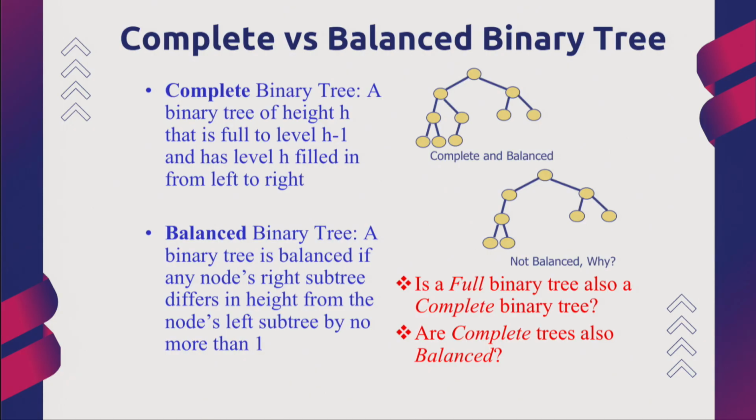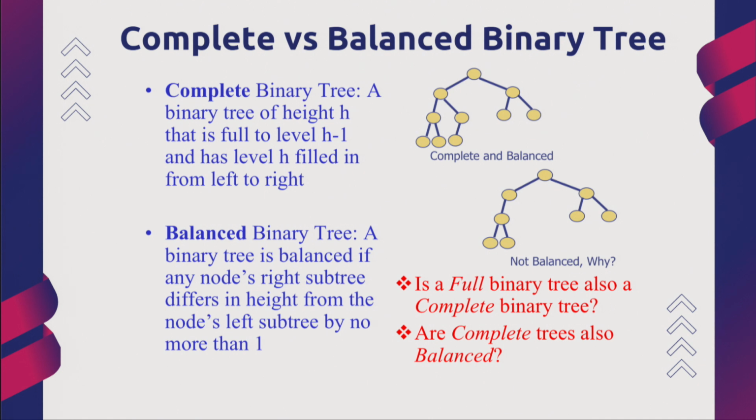Next we need to understand the difference between a complete and a balanced binary tree. Just now we learnt what a complete binary tree is: all levels except the last should be completely filled, and the last level is filled from left to right.